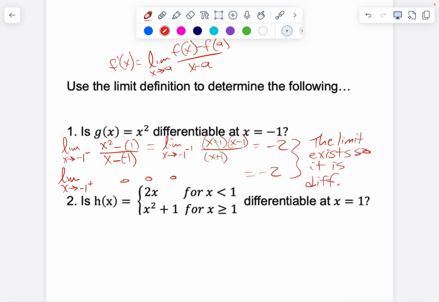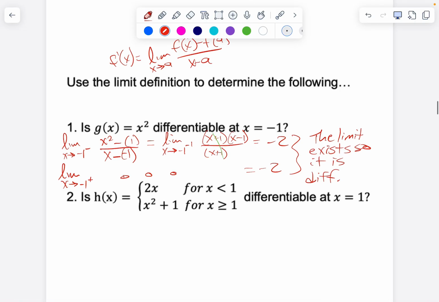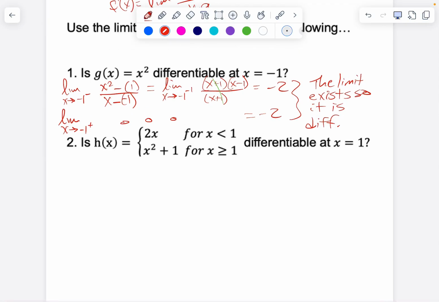Now look at this next one. It's piecewise. What do you think is going to happen there, just as an example? If I come into +1 from the left, you can probably just tell me what that is. It's 2. The limit from the right of h, limit as x approaches 1 from the right, is what? 2.